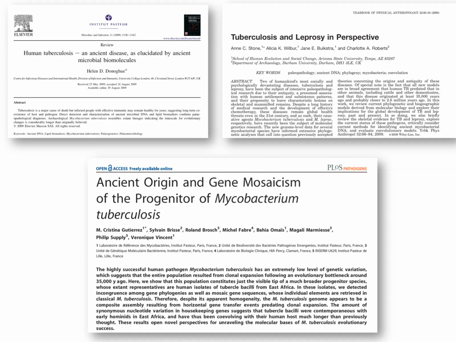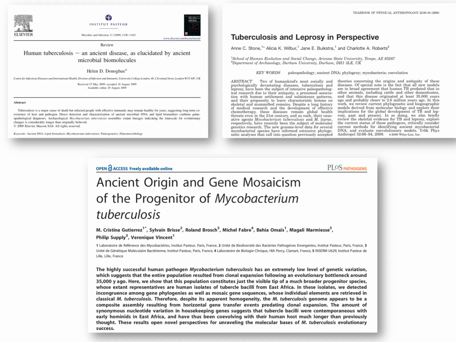Now, in terms of where TB came from, this is still quite a hot potato. There are various papers looking at detecting tuberculosis in ancient bones, going back to, well, if you saw Alice Roberts on television last week, back to Homo erectus in some cases.